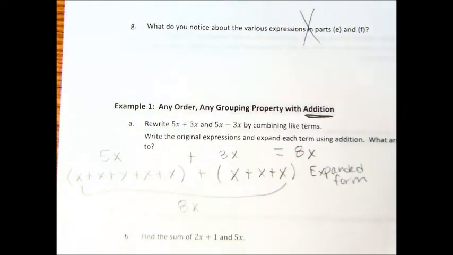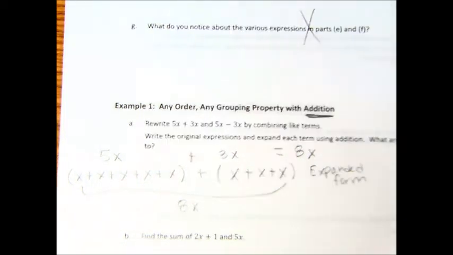Let's do the exact same thing with 5x minus 3x. Again, remember we're wanting to use addition. I'm going to give myself a little squiggly line down the paper so that I have room to do 5x minus 3x.